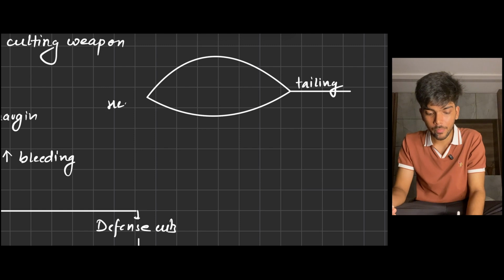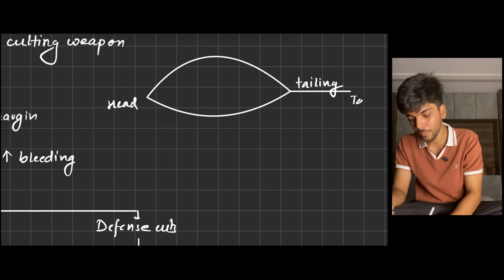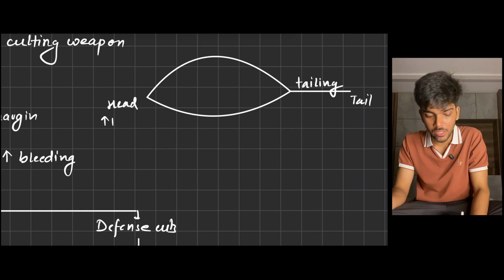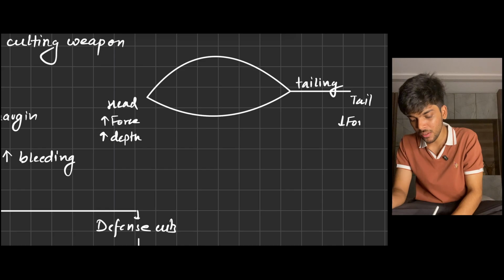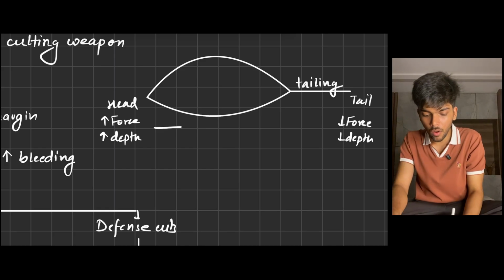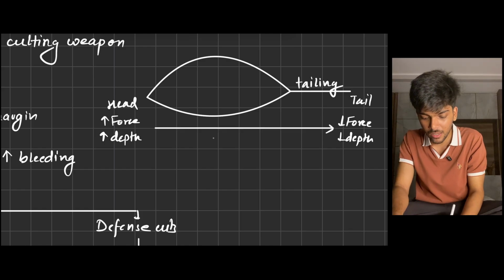So this is the head and this is the tail. At head, more force is applied, so there is more depth. At tail, there is less force, so there is less depth. And the tailing also gives you the direction of force, which is along the direction of tailing.